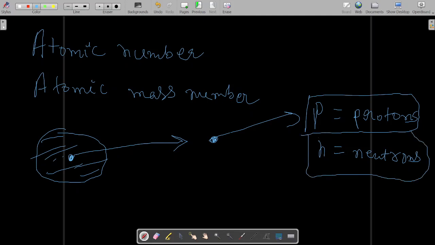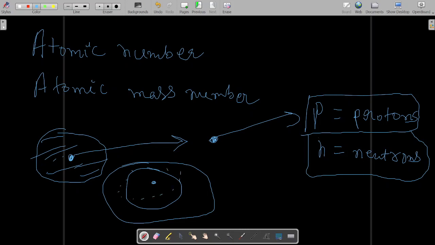No meson is there, no positron is there. Those things are not there inside the nucleus. Electron is always outside the nucleus, in the shells. It is wrong to say that electron is revolving. I had already told you in the quantum mechanics class that electron exists in the form of an electronic cloud.